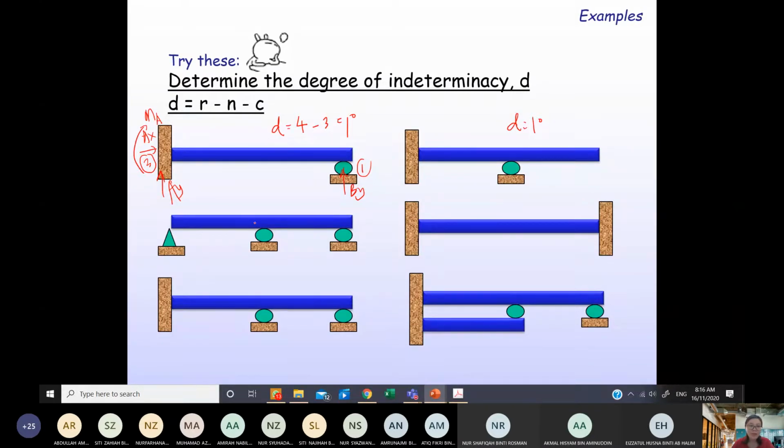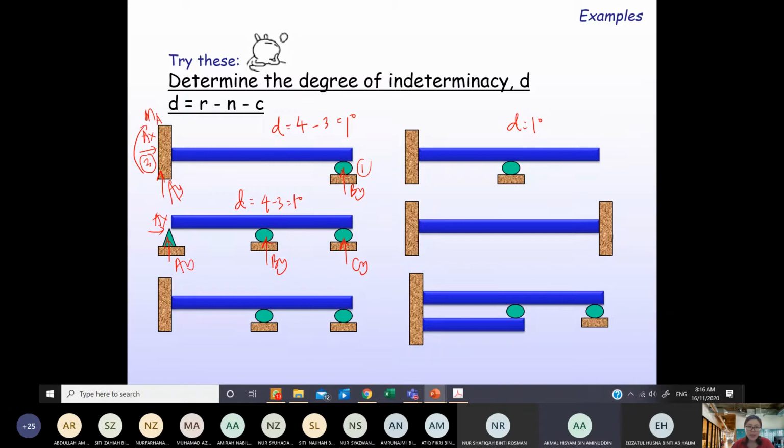So how about case number 3? 4 minus 3 still equal to 1. So you can remove. Can you suggest which support reaction to be removed? AX.